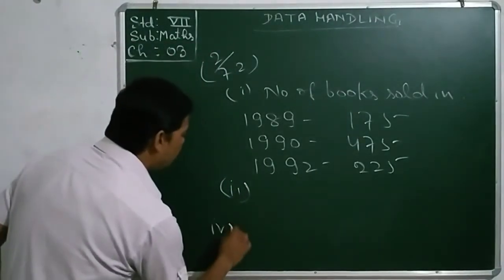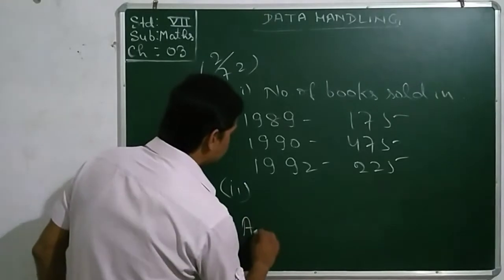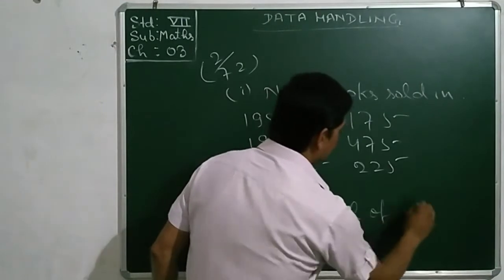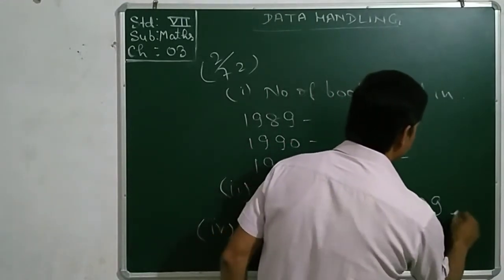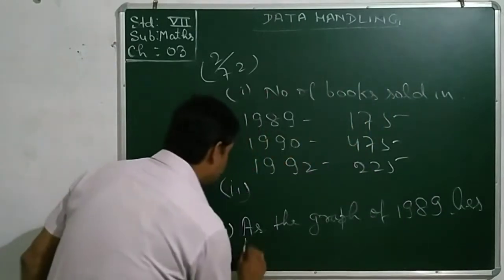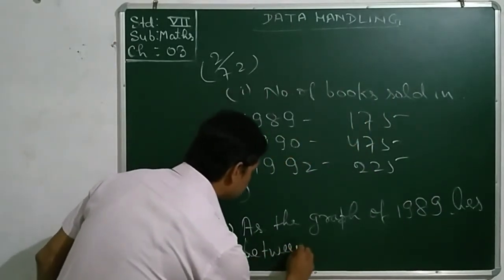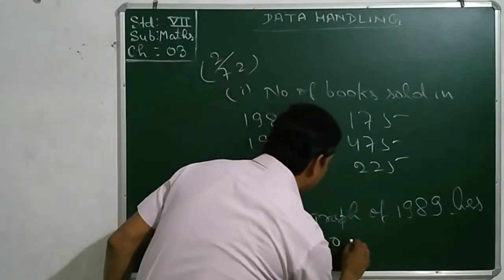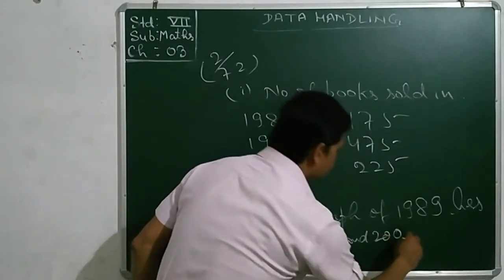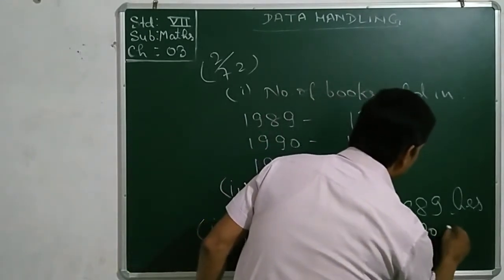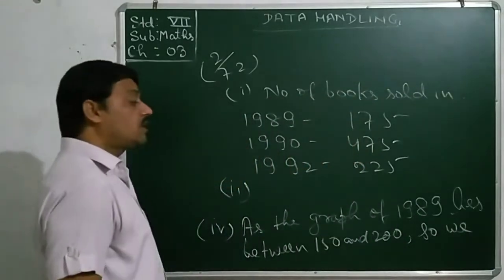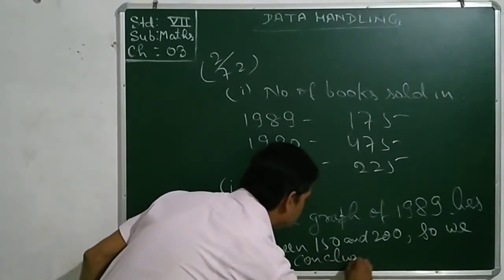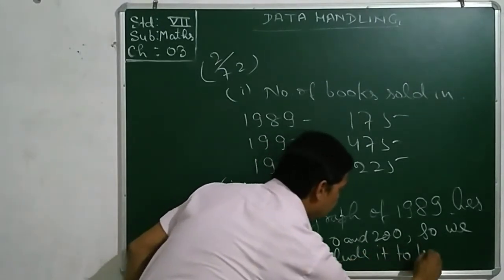For the fourth part I am writing here that the bar of 1989 lies between 150 and 200, so we conclude it to be 175.